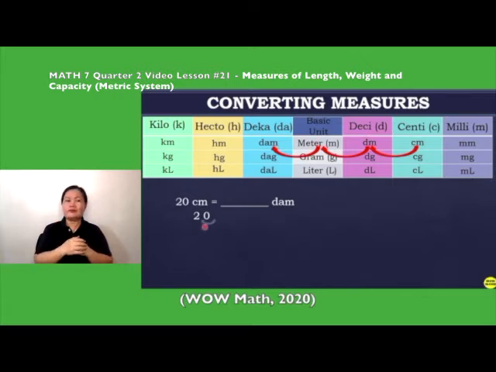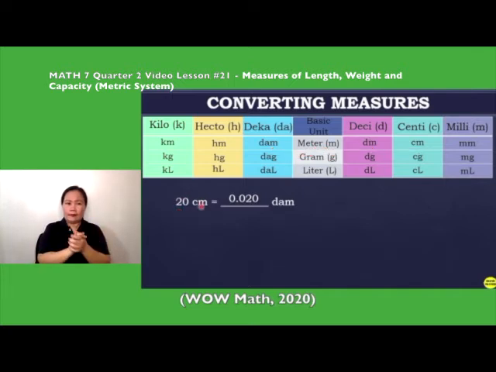Okay, so 1, 2, 3. Okay, so meron tayong space dito. So, maglalagay tayo ng 0. Okay, at kapag 0 ang nasa unahan, lagi tayo maglalagay ng decimal point at 0 sa dito. So, the answer is 0.020 decameters. So, we have 0.020 decameter sa 20 centimeters.